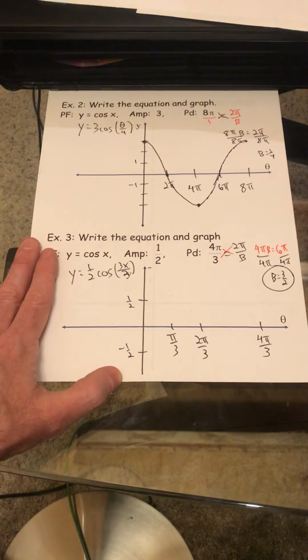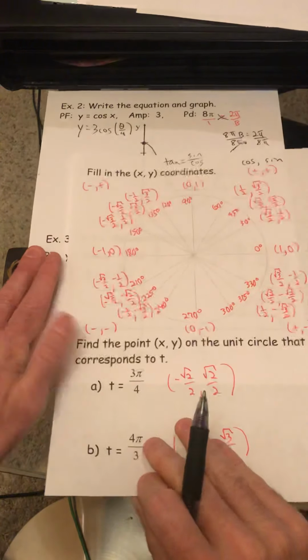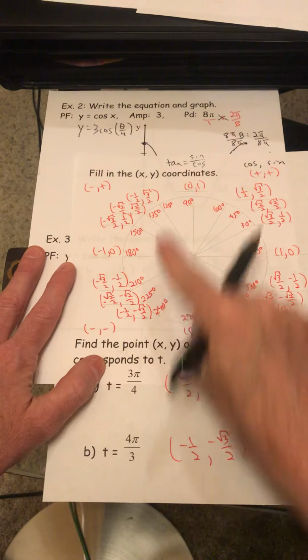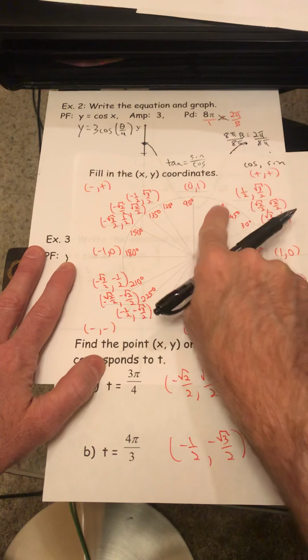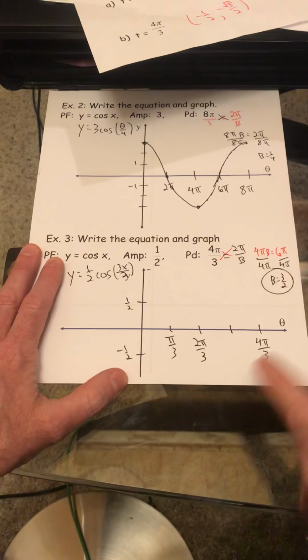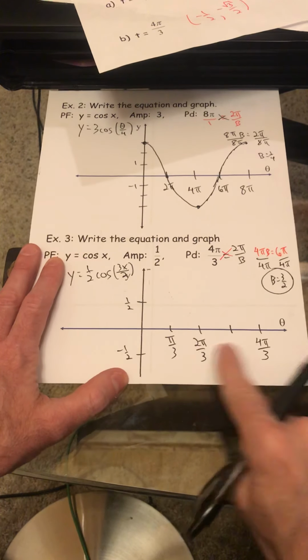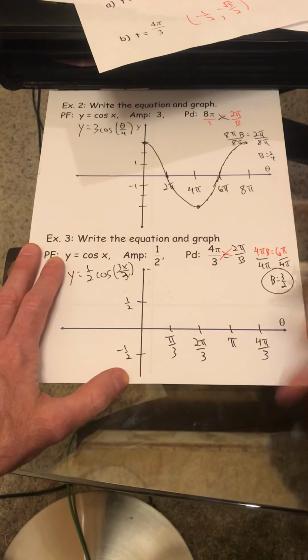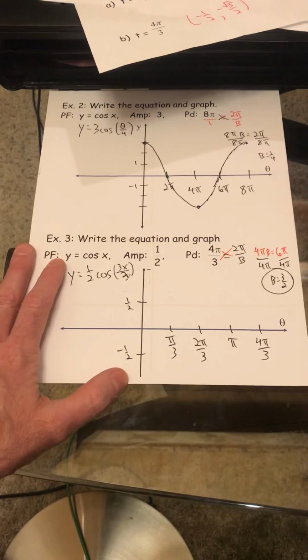I mean, if you ever need to, you can even use your unit circle. Well, there's 4 pi over 3, 240 degrees. Half of that's 2 pi over 3 if you need. And then, well, what's in the middle of 2 pi and 4 pi? Well, it's 3 pi over 3 or pi. Now, it is cosine.